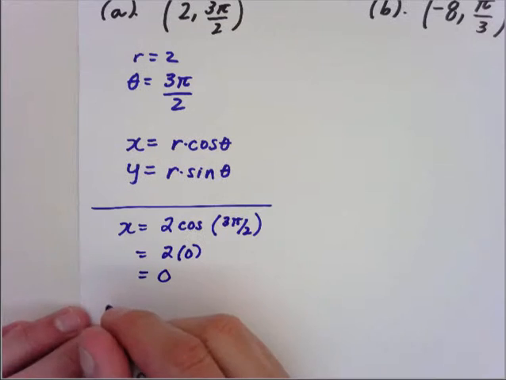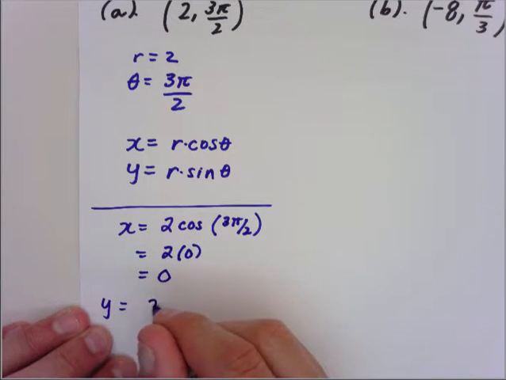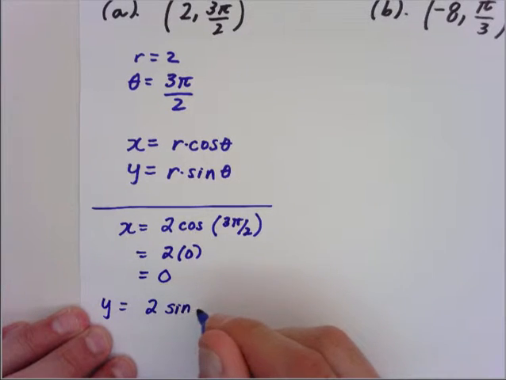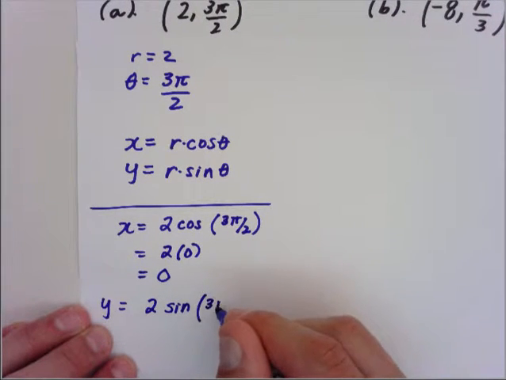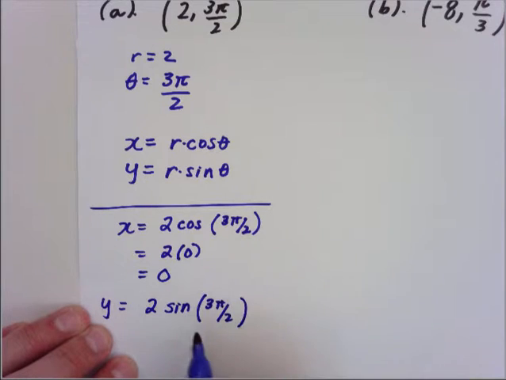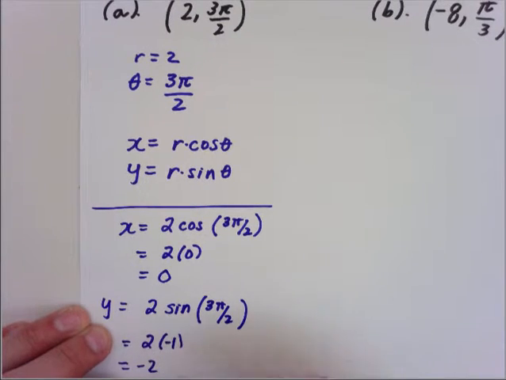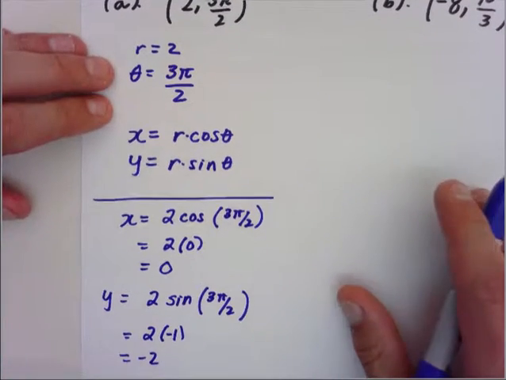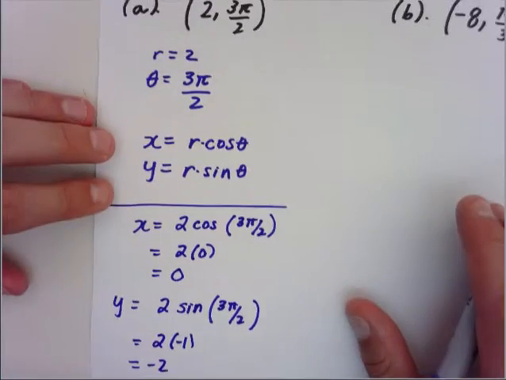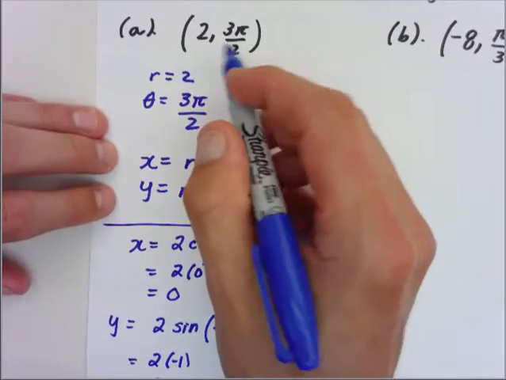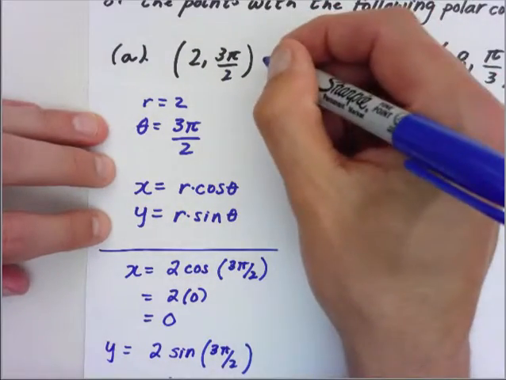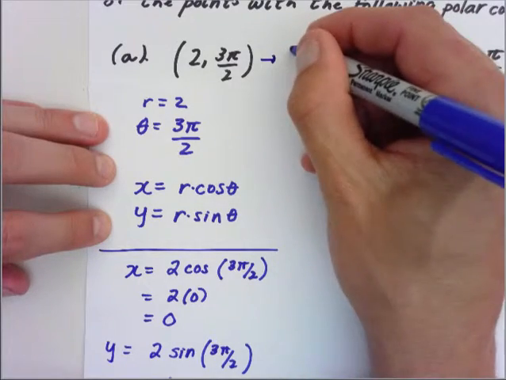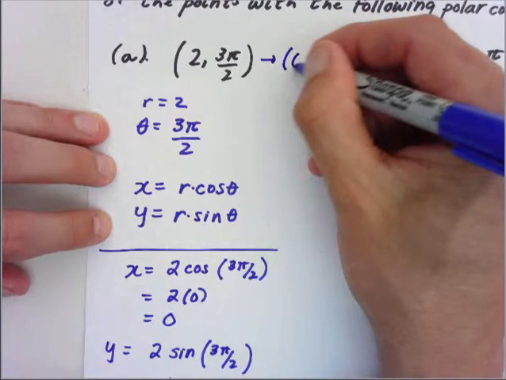The y value is going to equal 2 times sine of theta, where theta is again 3 pi over 2. By substitution, we get 2 times negative 1, which is negative 2. So the ordered pair is 0, negative 2.